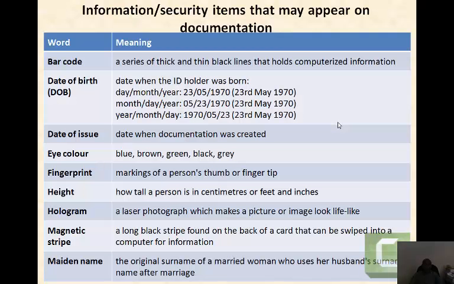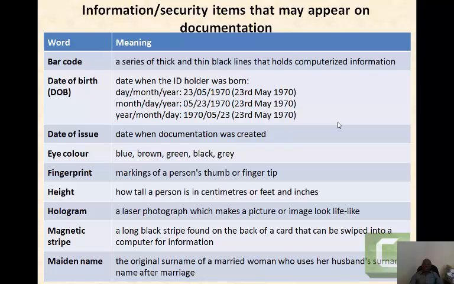We are going to look at the information on security items that may appear on documentation. We look at the word barcode. Barcode means a series of thick and thin black lines that holds computerized information. DOB, or date of birth.